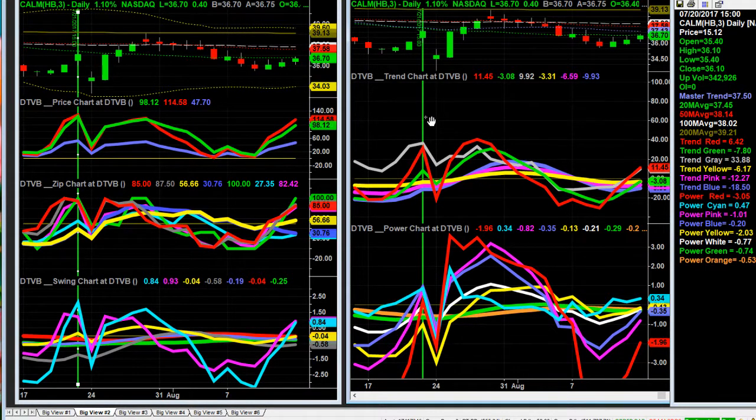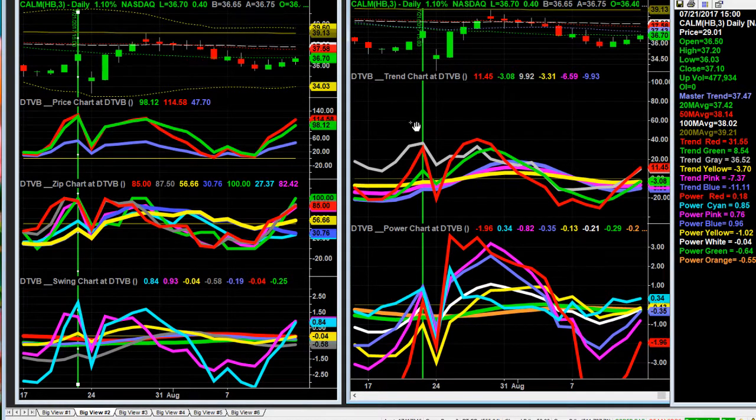In this example here in the trend chart, we have trend gray that's in a low angle up pattern, and that low angle up is a signal that tells us that prices are going to go down the next day. Trend gray is also highest, which makes it stronger in its ability to give us information for price direction.